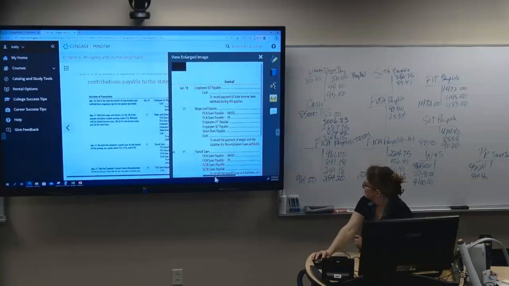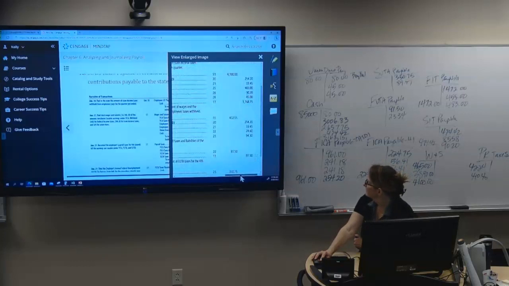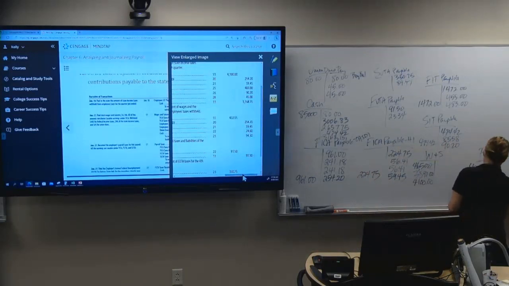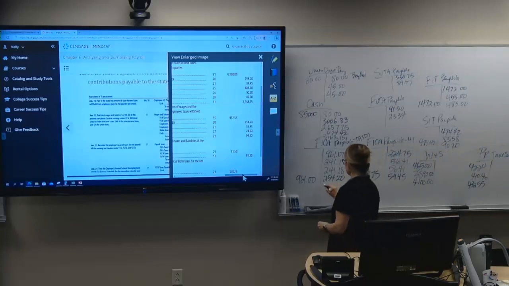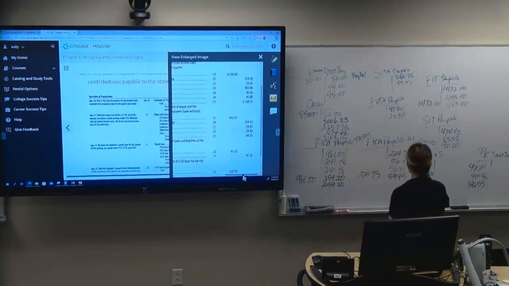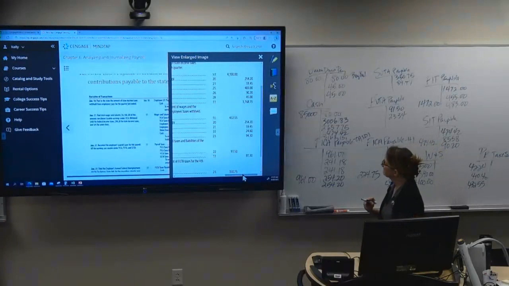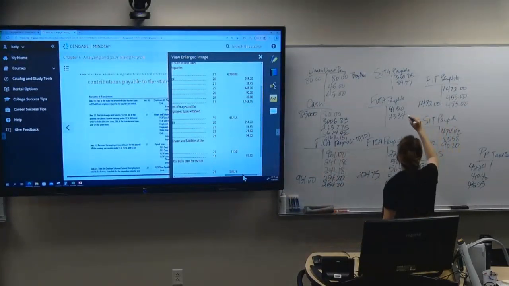This was the 31st. Now we've got payroll taxes as well associated with that payroll. So payroll taxes of $432.55. There, and then $254.20. $59.45. $24.60.